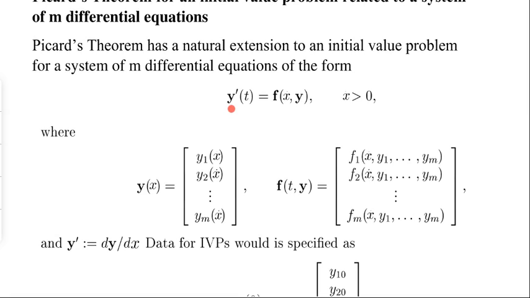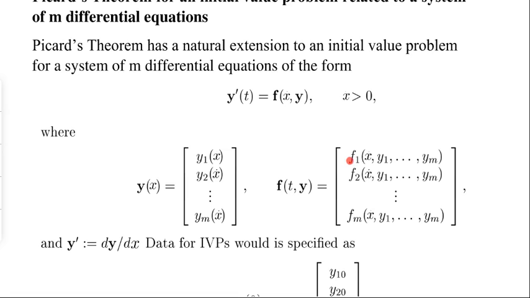Here we have y prime equals f. Here we have y and f in this vector form. Here in this equation, y is an unknown vector and f will be an m-dimensional function, a vector of functions.